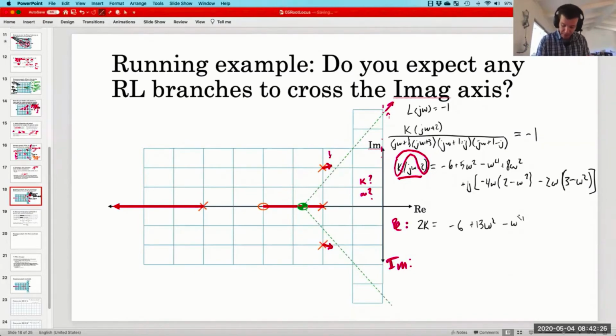That is one equation, but two unknowns. But we have a second equation, and that is the imaginary bits to the left, k omega, have to match the imaginary bits on the right. So this is what, I just wrote it out.